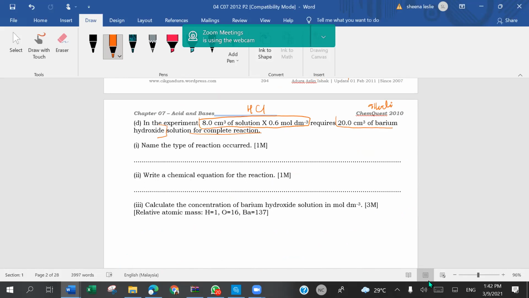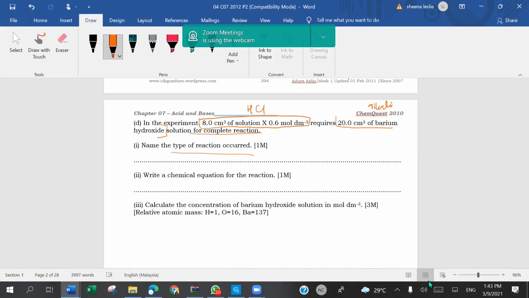Teacher is going to call out names. I want Hurin to answer. What is the type of reaction here, Hurin? Okay, it's okay. Think about acid plus alkaline. This is acid, this is plus alkaline. What is the name of it?